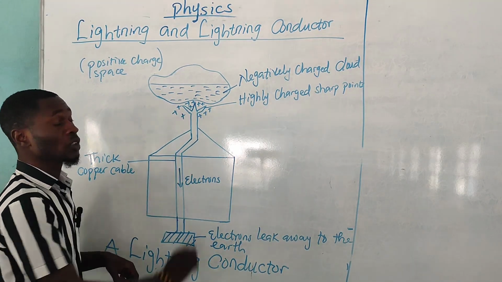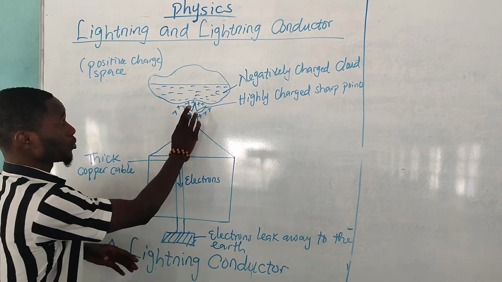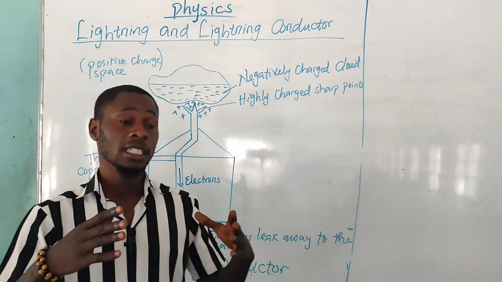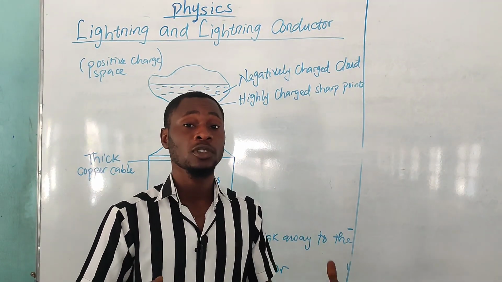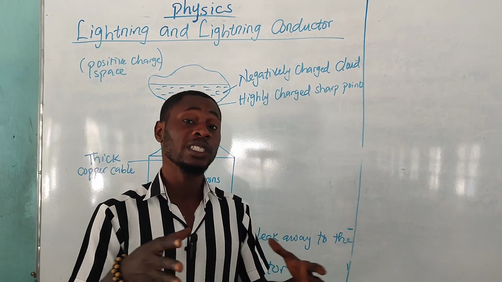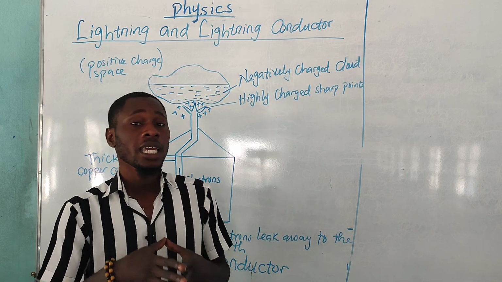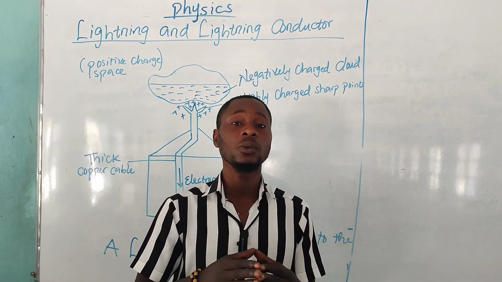This is the sharpest point of the lightning conductor, and it is often made to be very, very sharp, so that the charges that will be concentrated there will be very, very high.